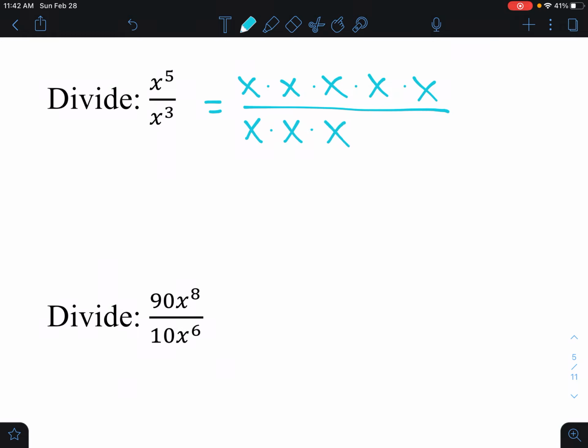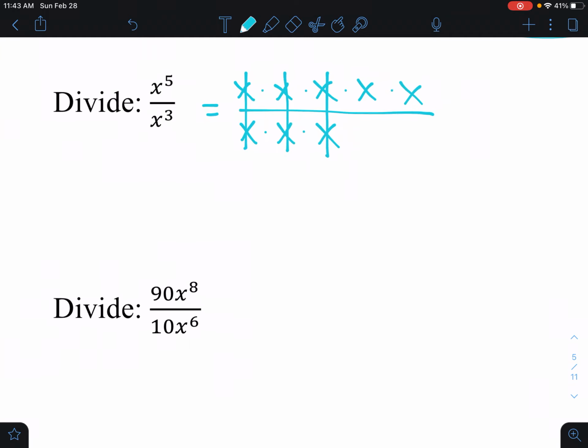Now remember, anything divided by itself is 1. So x divided by x is 1. We can write it, but we don't have to as long as there's something else. So x divided by x, they cancel out. These cancel out. Those are all 1.